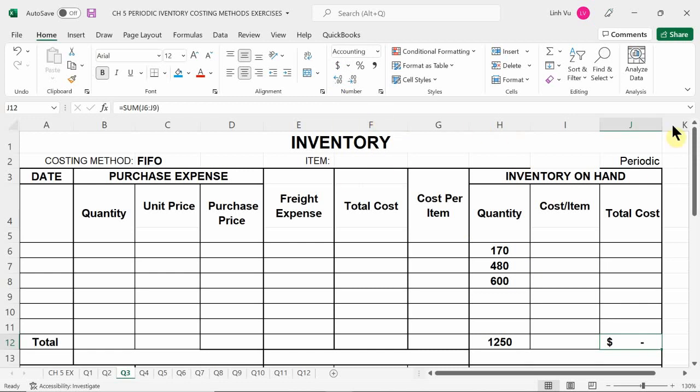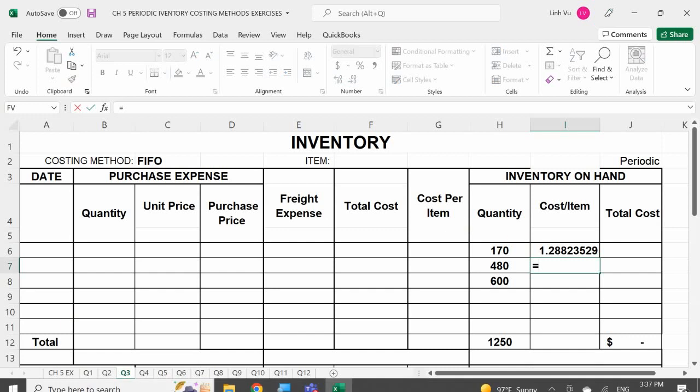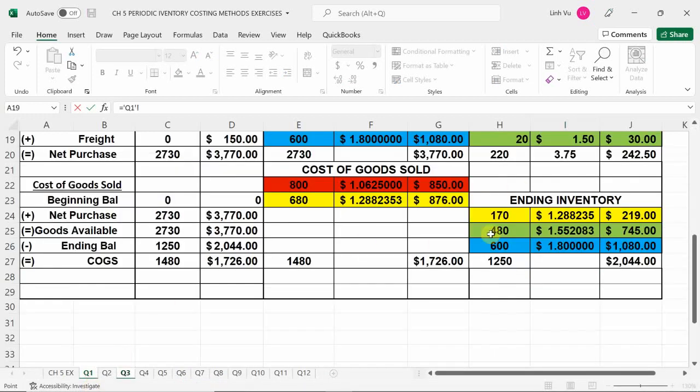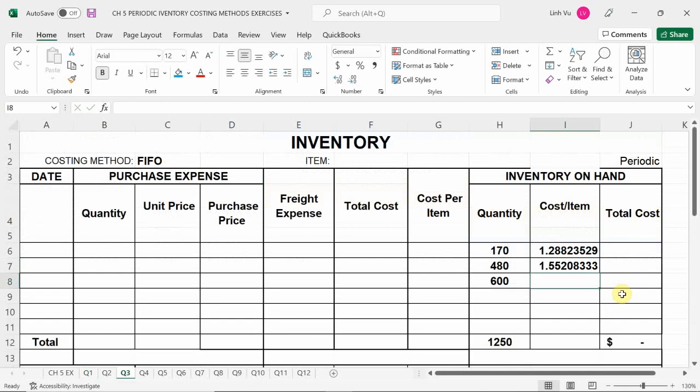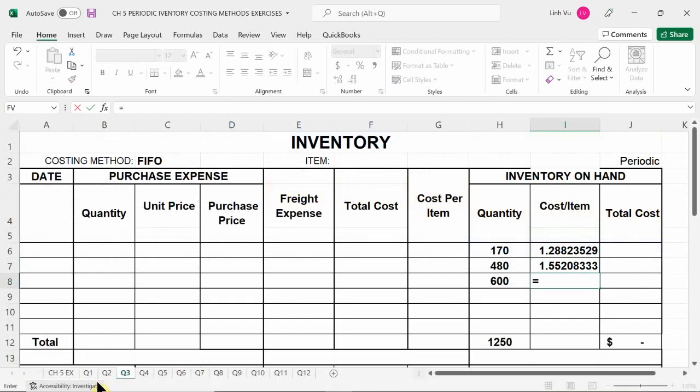So let me see, I'm going to carry these values over, starting with the cost per item here, because it's very significant in case we end up needing these total amounts here.